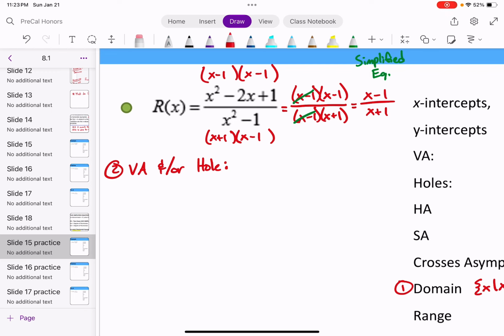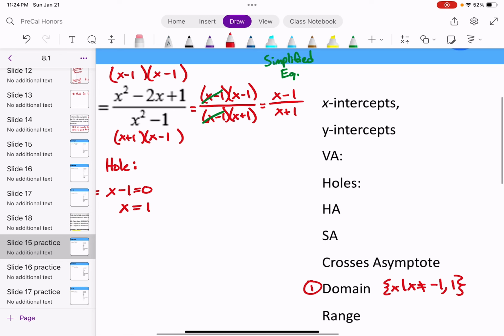Now, let's start off with the holes. In order for you to know whether there's a hole or not, you have to figure out, is there anything that has been canceled off within our equation when we were trying to get to our simplified equation? In this case, because we were looking at x minus 1 canceling out, our hole would be x minus 1, which is equal to 0, which means x is equal to 1.